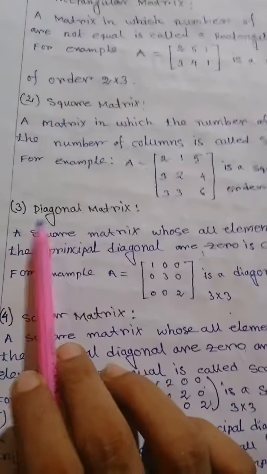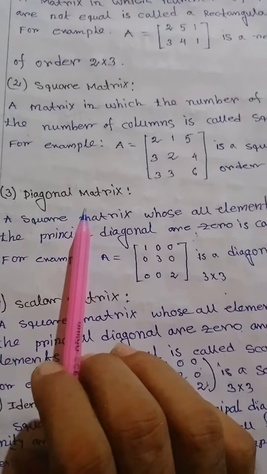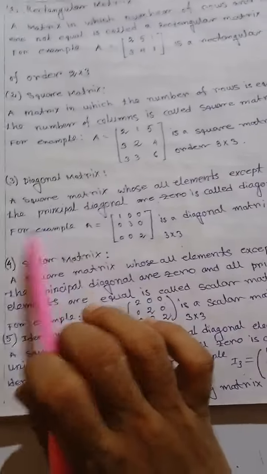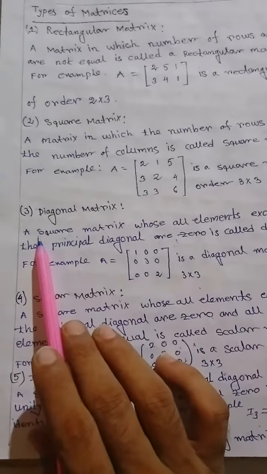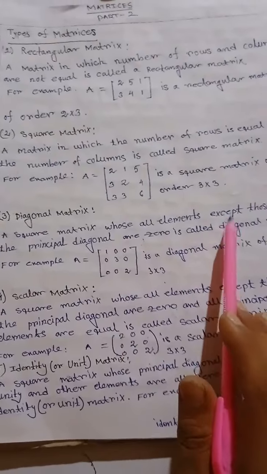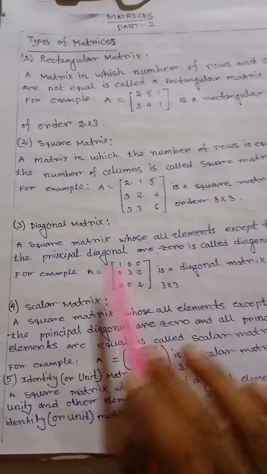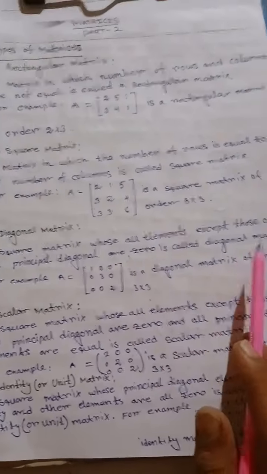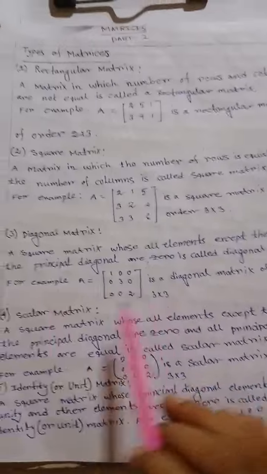Third type of matrix, definition of diagonal matrix.